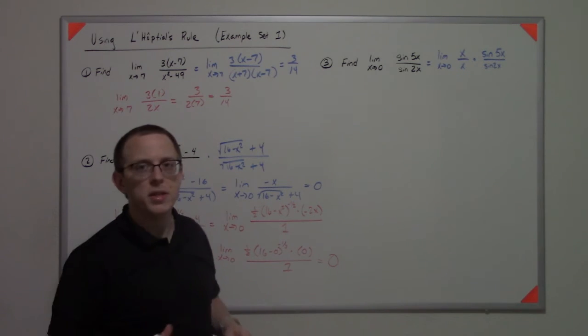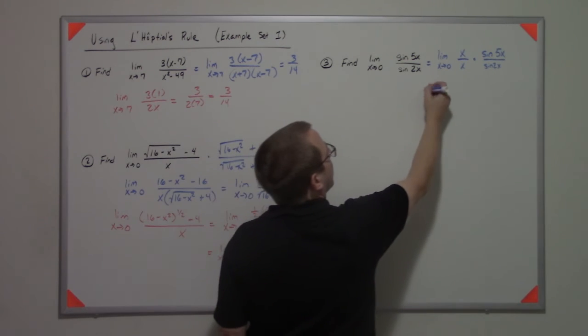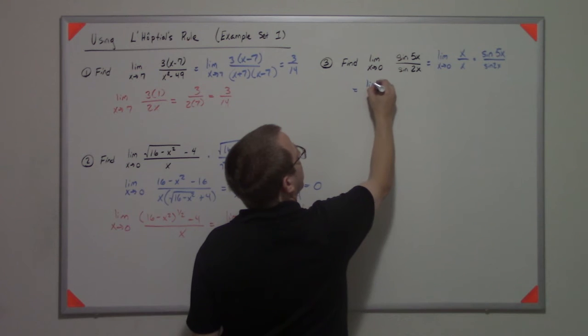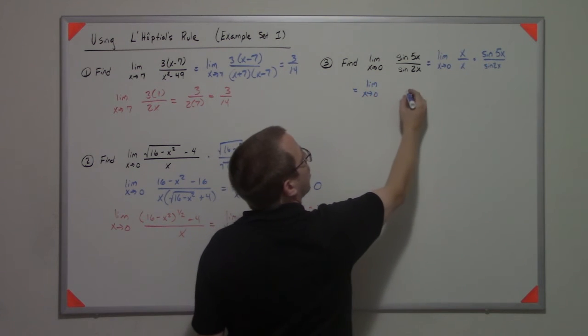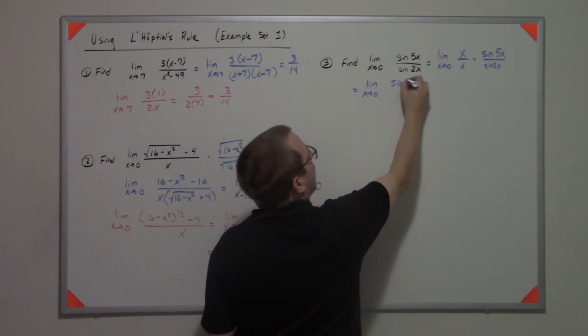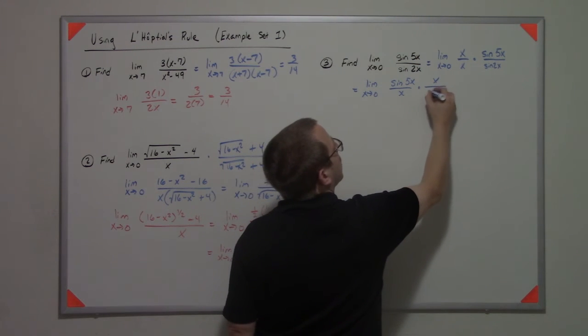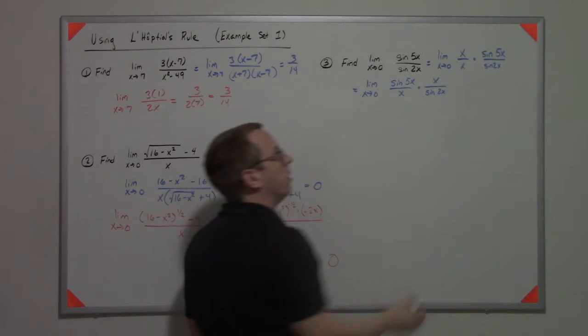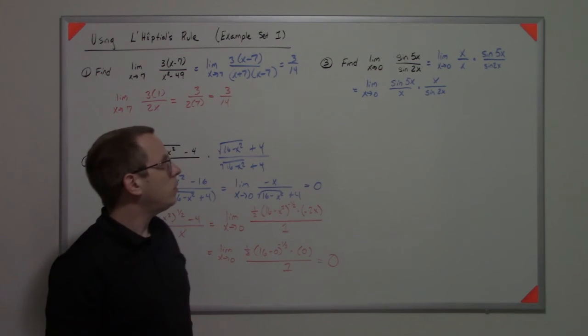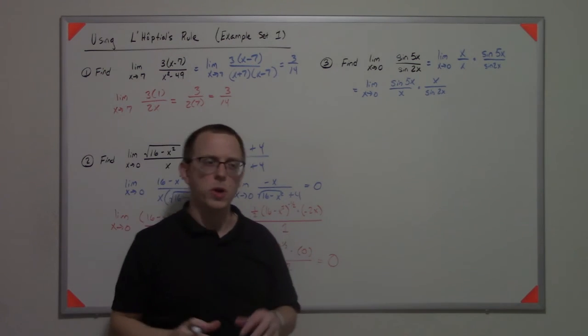Then what I'm going to say is that's the limit as x goes to 0 of sine of 5x over x times x over sine of 2x. Okay, hopefully you're tracking with me here.